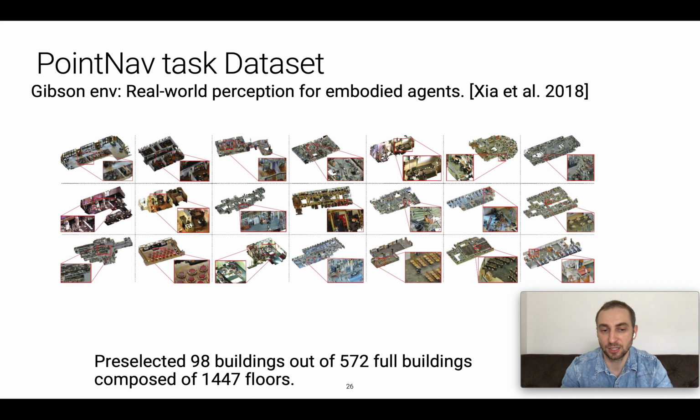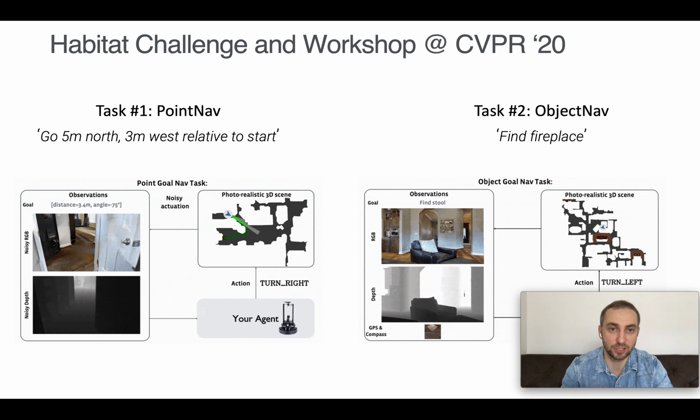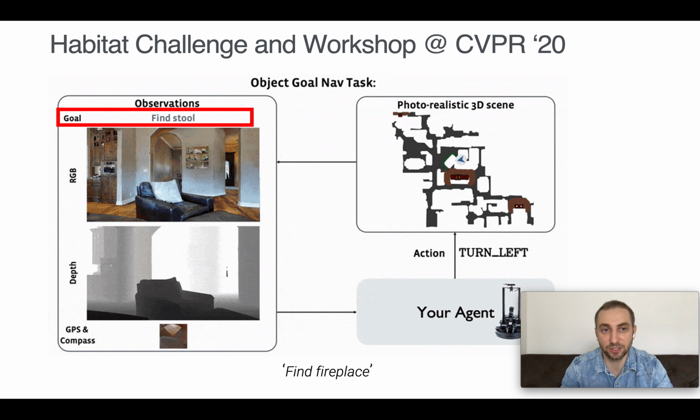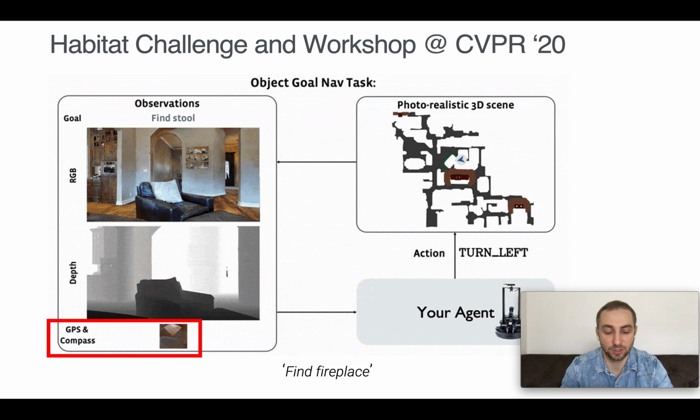We selected 98 buildings with the best quality and used them in our challenge. The second track is object goal navigation, where the agent needs to find an object of a particular category and navigate to the proximity success zone nearby.